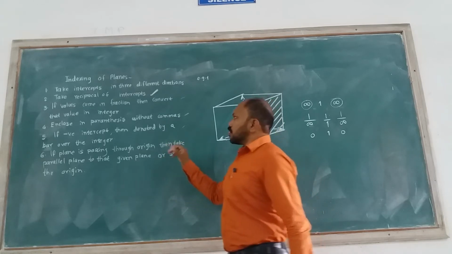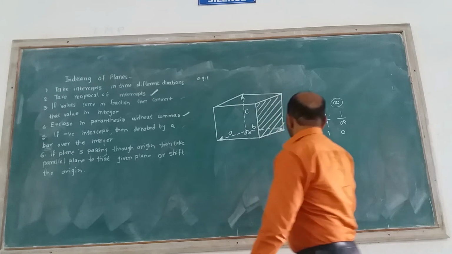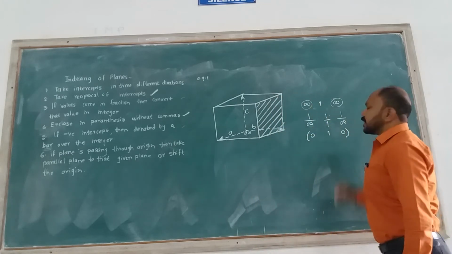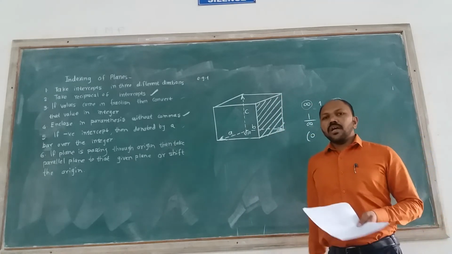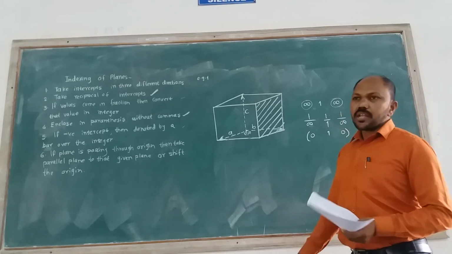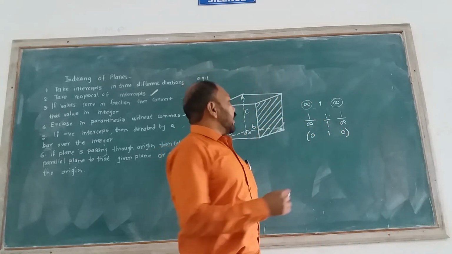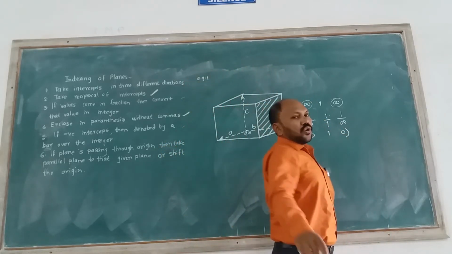And now the fourth step: enclose in parenthesis without commas. So we enclose this in parenthesis, brackets, without any commas. This is the representation of the plane, and this is nothing but the h, k and l values.